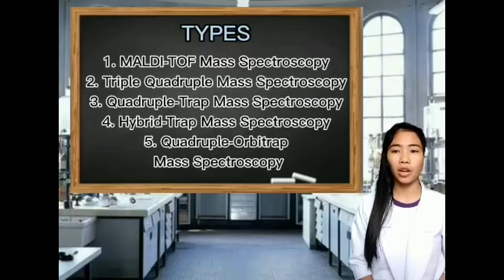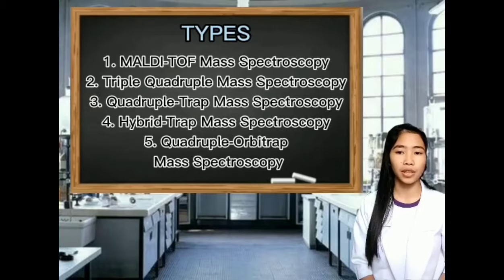So we will be moving on to the types of mass spectroscopy. Mass spectroscopy is a powerful analytical tool with high sensitivity and high mass accuracy. Recent technical innovations in mass spectroscopy-based techniques have contributed to a range of highly sensitive and versatile instruments.